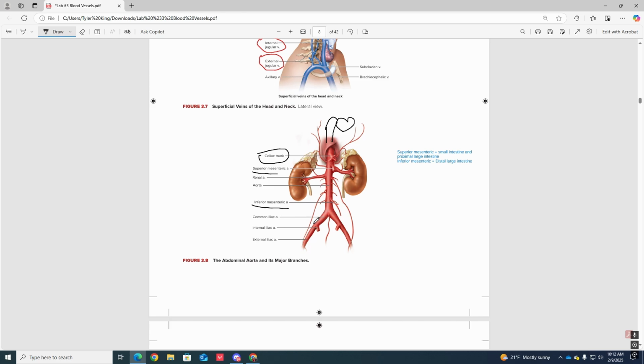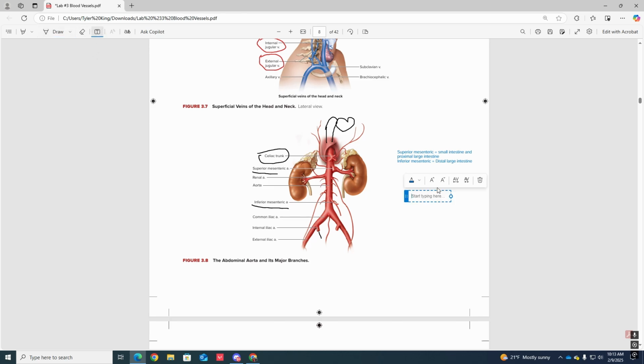It's going to branch off, because remember we have something called a common carotid artery. Similarly down here, we have a common iliac artery. Internal is going to supply the structures of the pelvis. External is going to supply the structures of the lower leg.